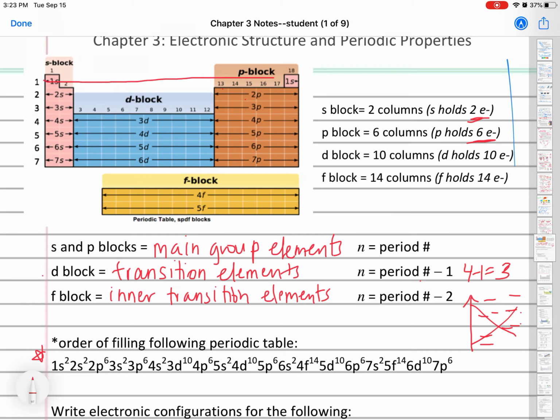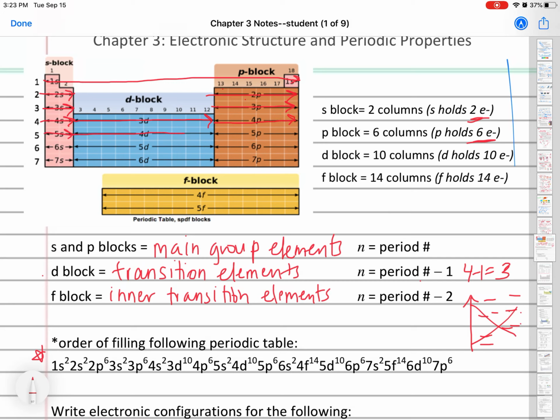So we start with 1s, and we fill the 1s. Then we fill the 2s. Then we go across and fill 2p, and then we fill 3s, and then we go across and fill 3p, and then 4s, and then 3d. We hit the 3d block, and then we hit 4p.